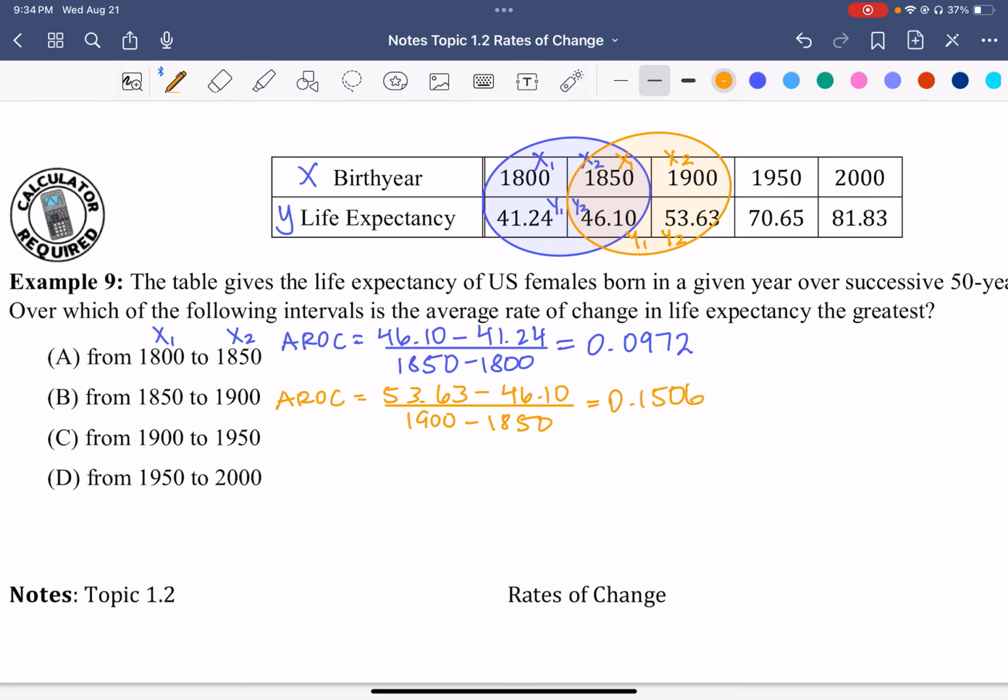Okay, now it just keeps going like that. So now we're going to do 1900 to 1950. Now this is my x sub 1, x sub 2, and my y sub 1, y sub 2. The average rate of change is 70.65 minus 53.63 all over 1950 minus 1900.